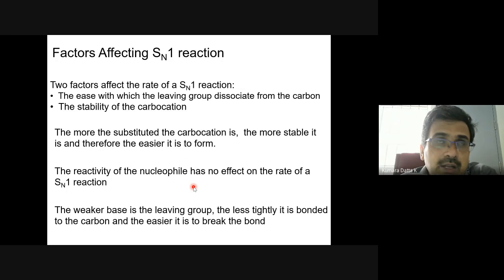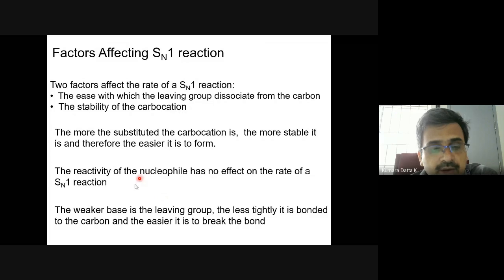Even if you take water 10 ml or 100 liters, it is the same, because since it is a first order reaction, the substrate only plays an important role. So no impact of the nucleophile.